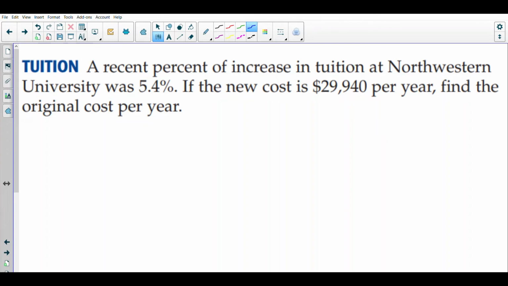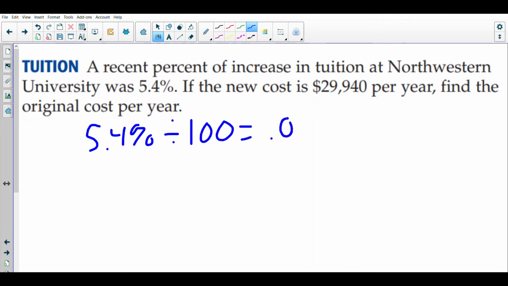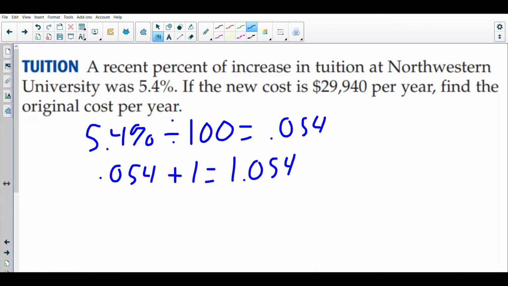We take 5.4% and divide by 100, which gives us 0.054. Now this is an increase, so we add that 0.054 to 1, which gives us 1.054.